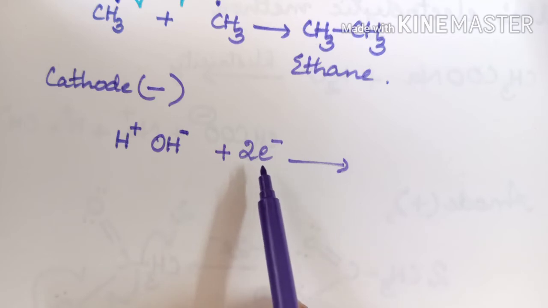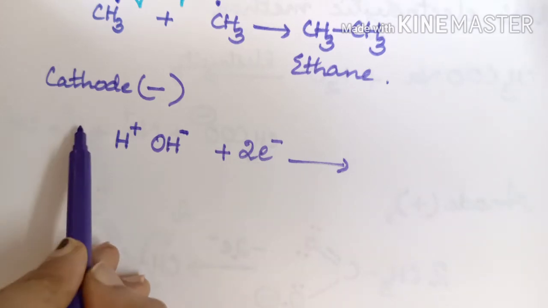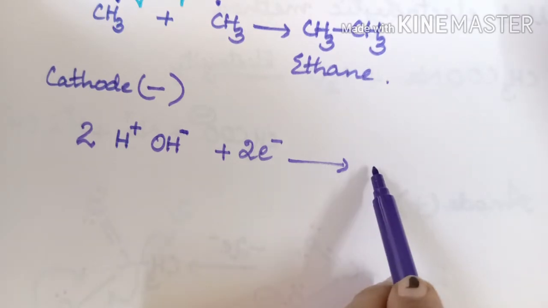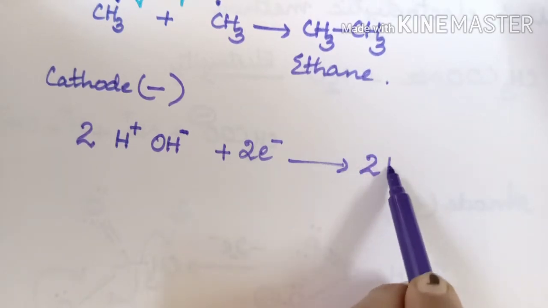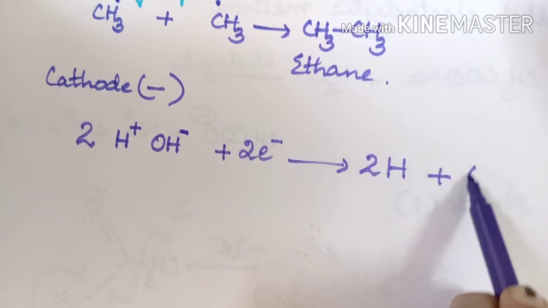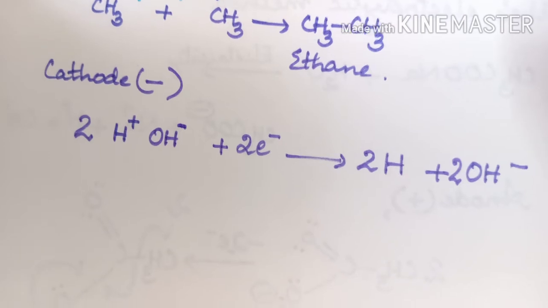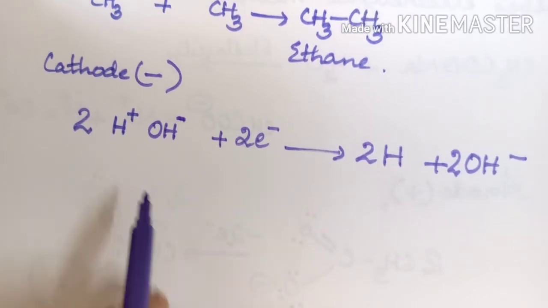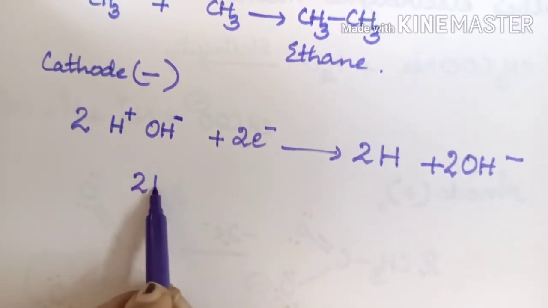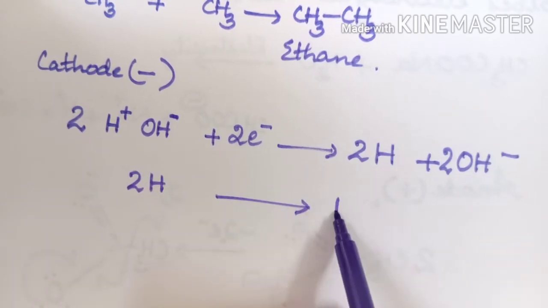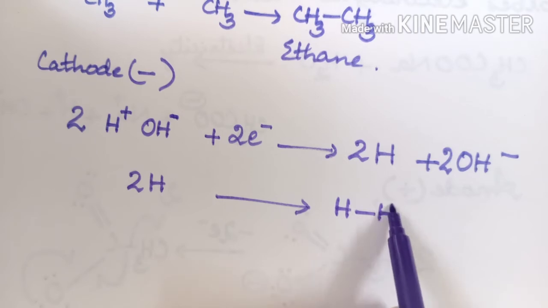For taking up two electrons we require two molecules of water, resulting in two hydrogen atoms and two OH negative ions. The two hydrogen atoms will combine together to form an H2 molecule.